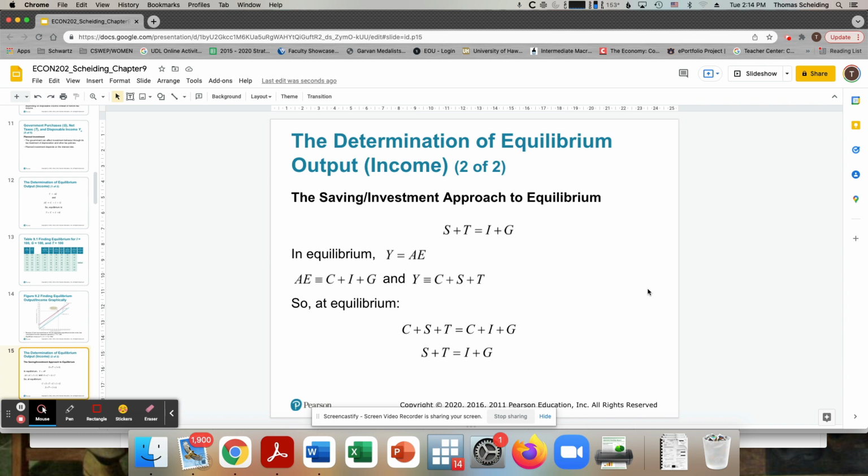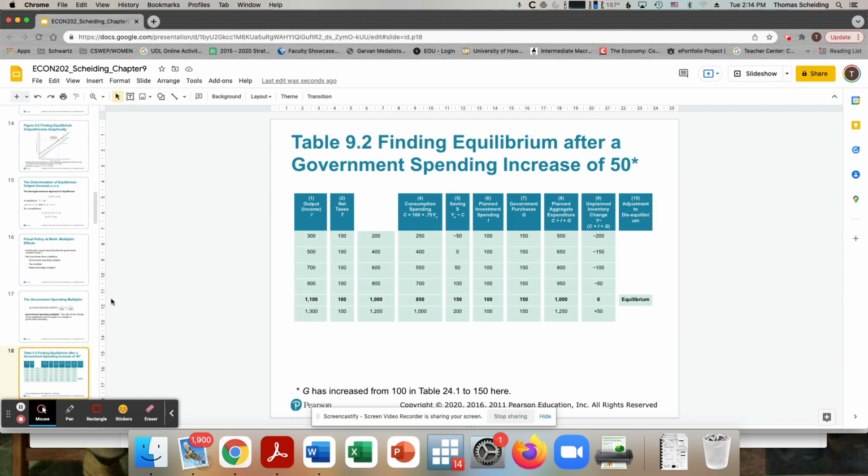Here, what we're saying is that when an economy is in equilibrium, the level of savings plus taxation, things that basically stop us from consuming, would have to equal the level of planned investment plus the government spending. And then we can rearrange those terms. But again, your use of this right here is not that much, so I'm not going to spend much more time on it than what I have.